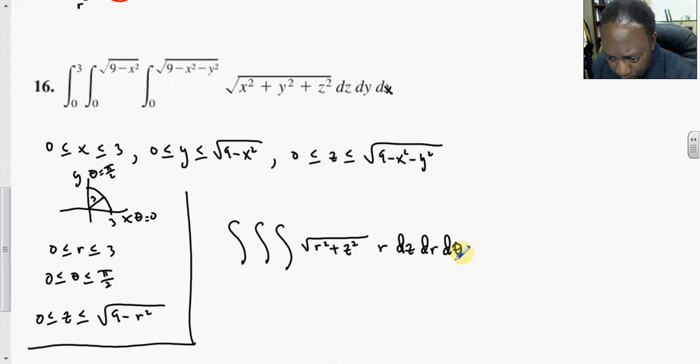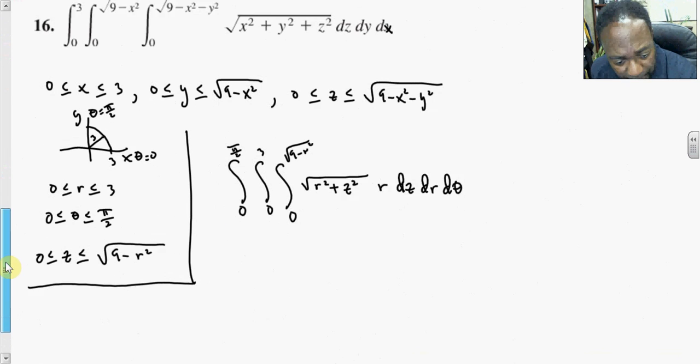So z goes from 0 to the square root of 9 minus r squared. And then r goes from 0 to 3. And theta goes from 0 to pi over 2.